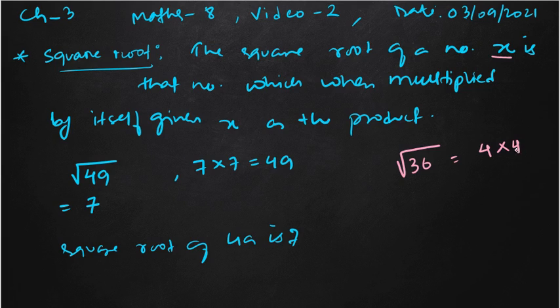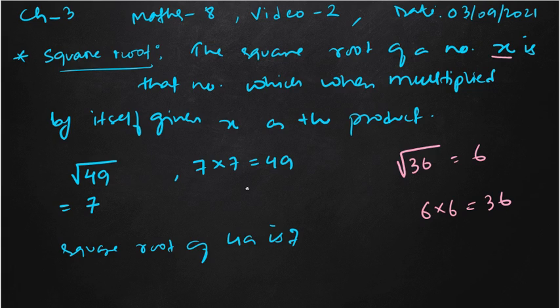But 4 into 4 is 16, not 36. So we have to find that number which, multiplied by itself, gives 36. Obviously, we know that 6 into 6 is 36. So we say that the square root of 36 is 6.